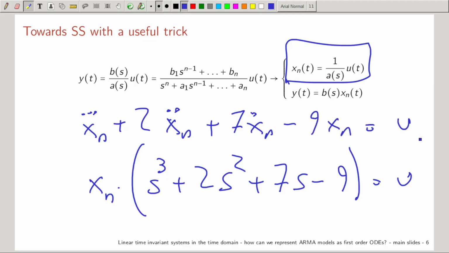True? You see, it's an autoregressive part with the static u, with u without the dots.